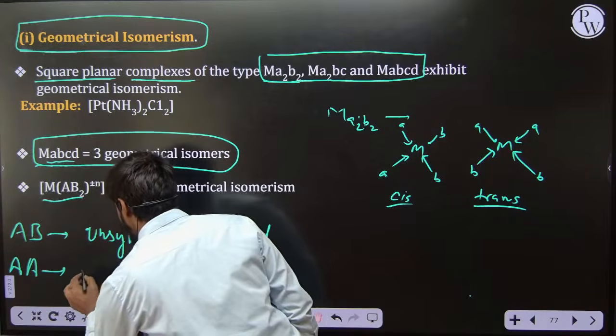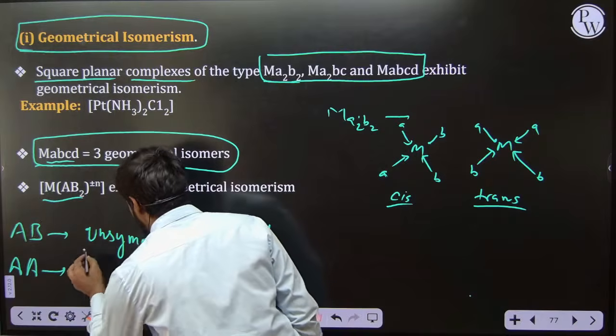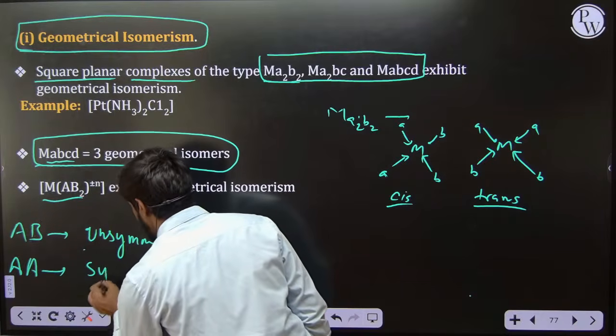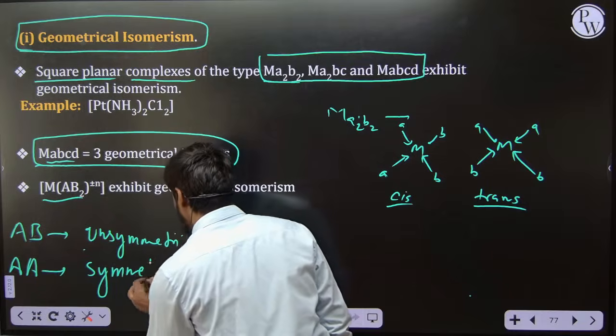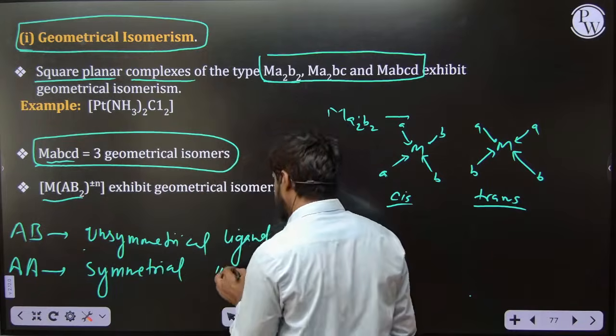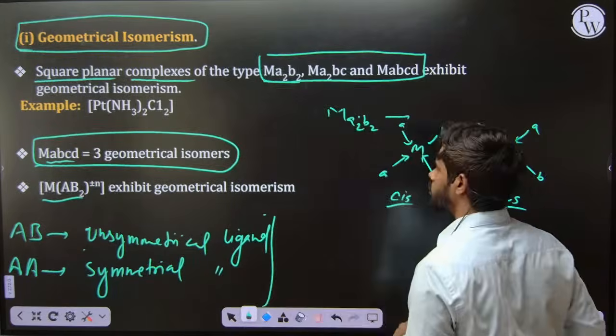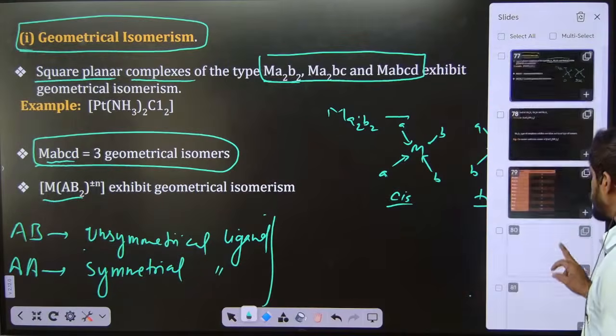If AA type of ligand is given, then we can form a symmetrical type of ligand. So this is the case for square planar.